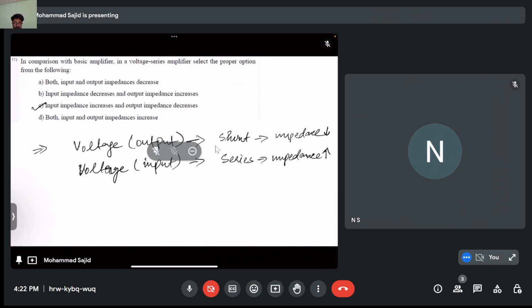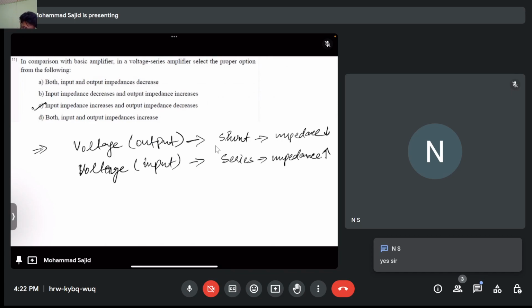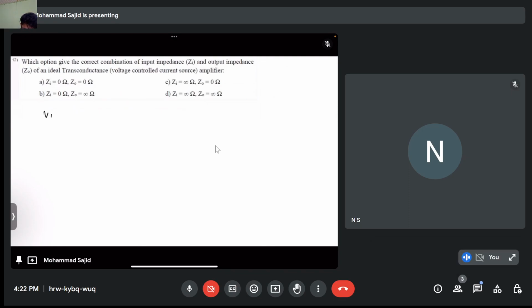Tell me about this. Which option gives the correct combination for input impedance? This is a voltage controlled current source. Just remember that your answer lies in this question.